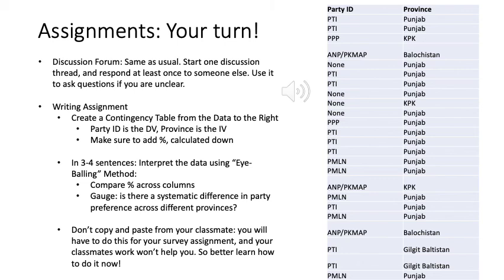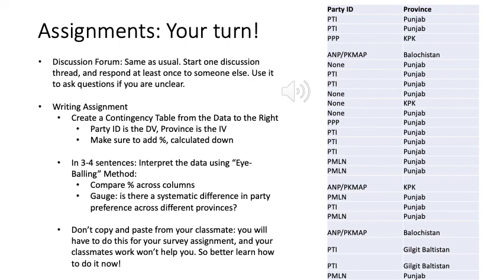Rather, the province that you're from may or may not have an impact on which party you like. So this is how you should remember to put the dependent variable values in the rows and the independent variable values in the columns. Make sure to add the percentages by calculating them down.